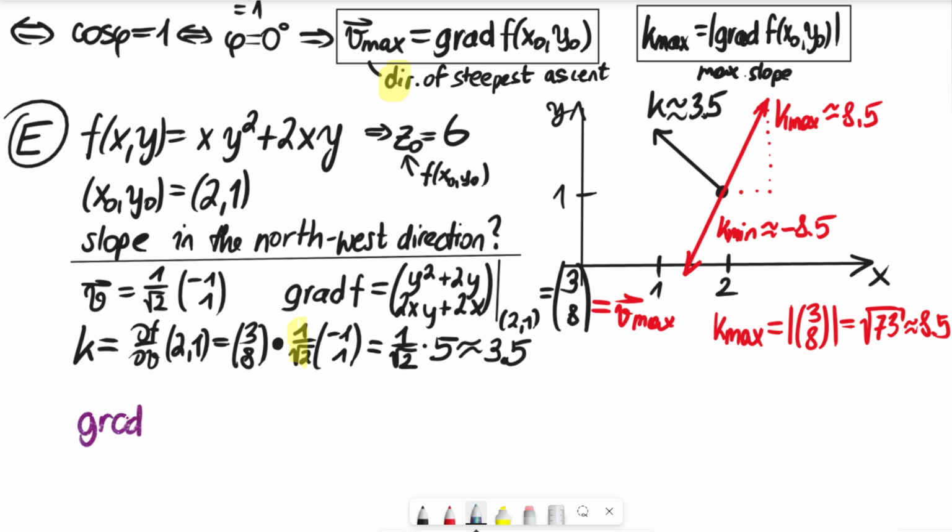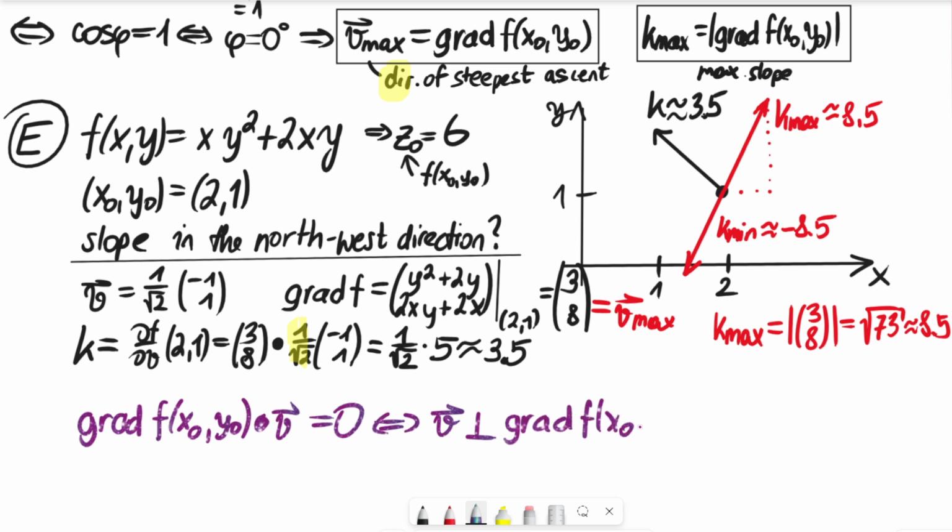We want to know when is the directional derivative, which is defined via this formula, equals 0. So when is the directional derivative, its slope, equal to 0? So what does this mean? This dot product is 0 if the vectors are perpendicular. So this means if the vector v is perpendicular to the gradient.